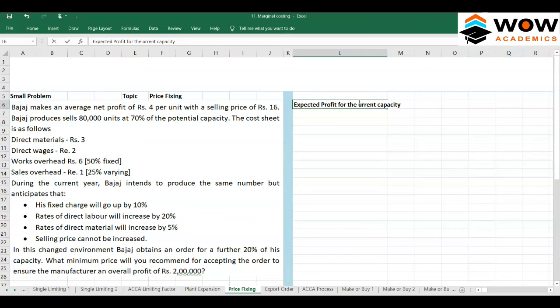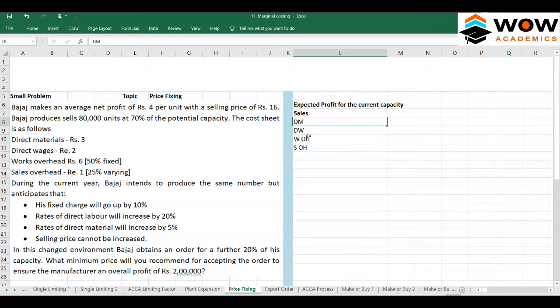So first we'll find that out. We have to find out sales, then variable cost. There are many variable costs: direct material, direct wages, then works overhead, then sales overhead.